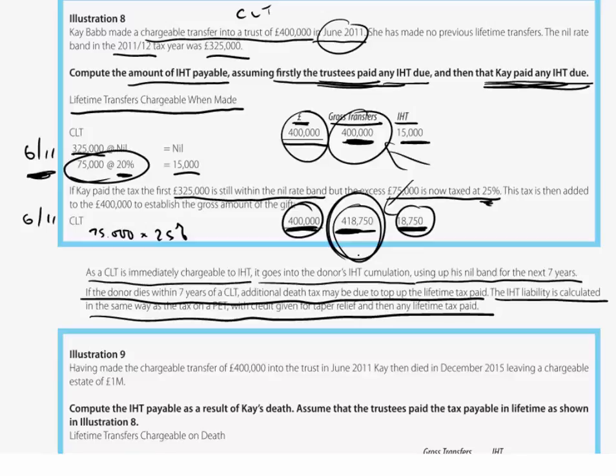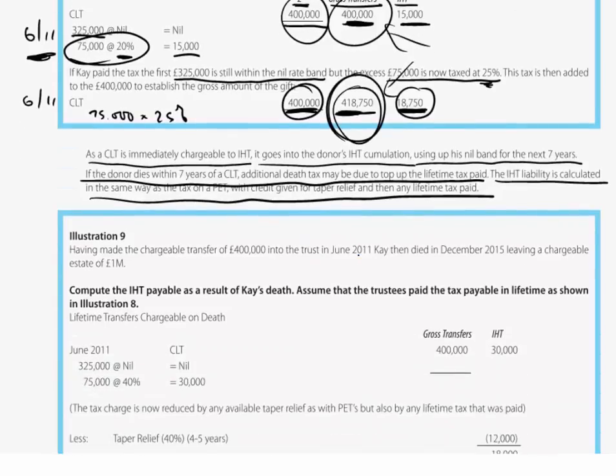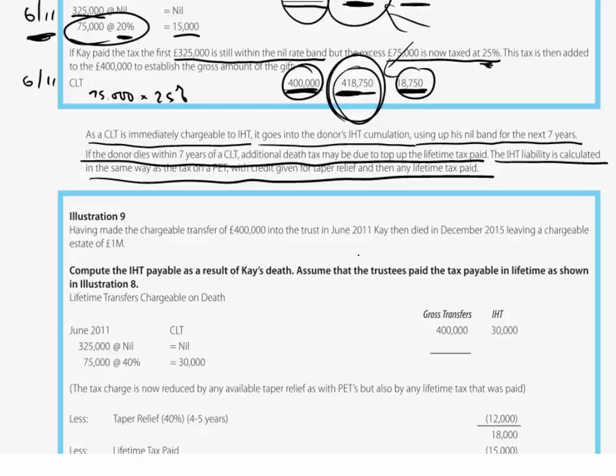But what we're suggesting now in relation to illustration 9 is, what happens if you die within 7 years of it? We see that while you're alive, you pay tax at the lifetime rate. But if you die within 7 years of having made the CLT, then further additional tax charge may become due.